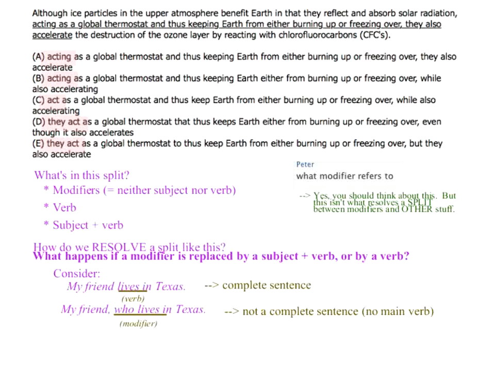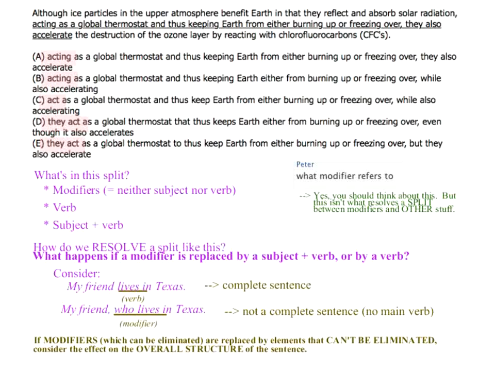So if you see a split between modifiers and elements that can't be eliminated, what you need to do is consider the effect on the overall structure of the sentence. And what that means is you should look out for things like run-ons and fragments.